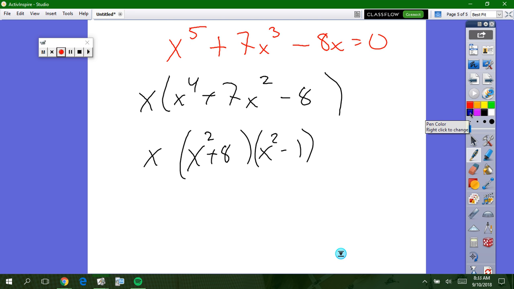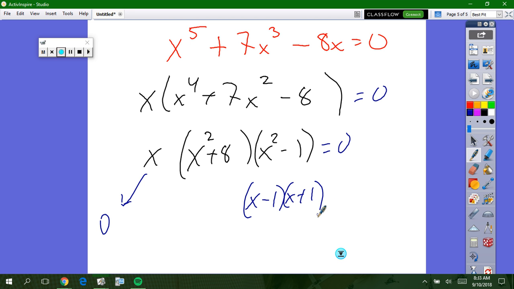Okay? What's the value that makes it 0? It is just 0 in itself, right? What can this go down into? This is called a difference of squares. And what is a difference of squares going to be? Conjugate pairs.